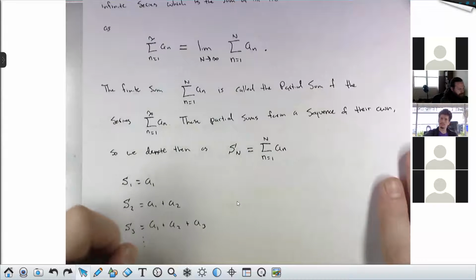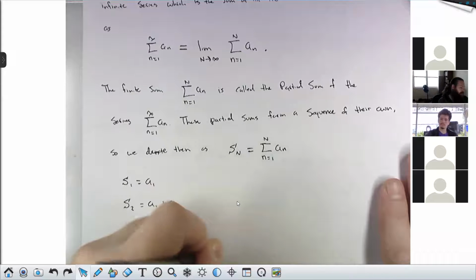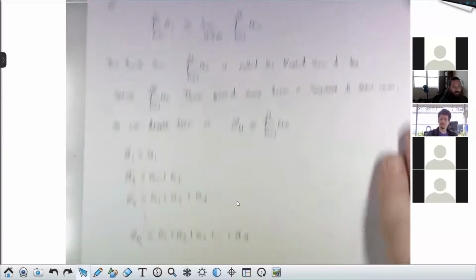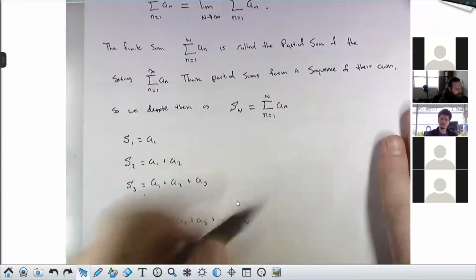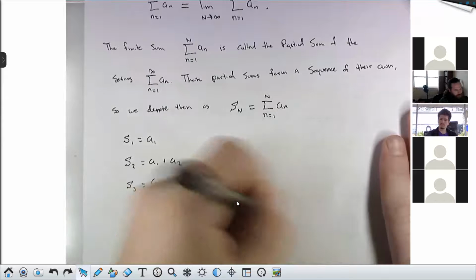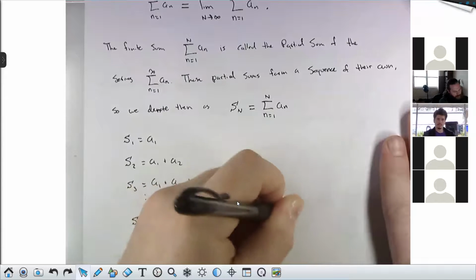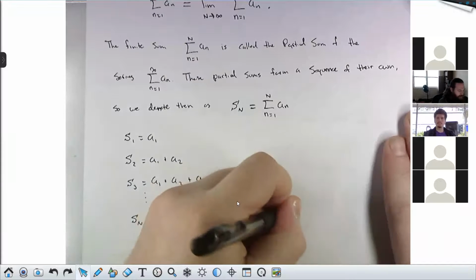And in general, S_n is A1 plus A2 plus A3 all the way out to A_n, which you recall from earlier is the long way of writing this sigma notation thing. This is an A_n.